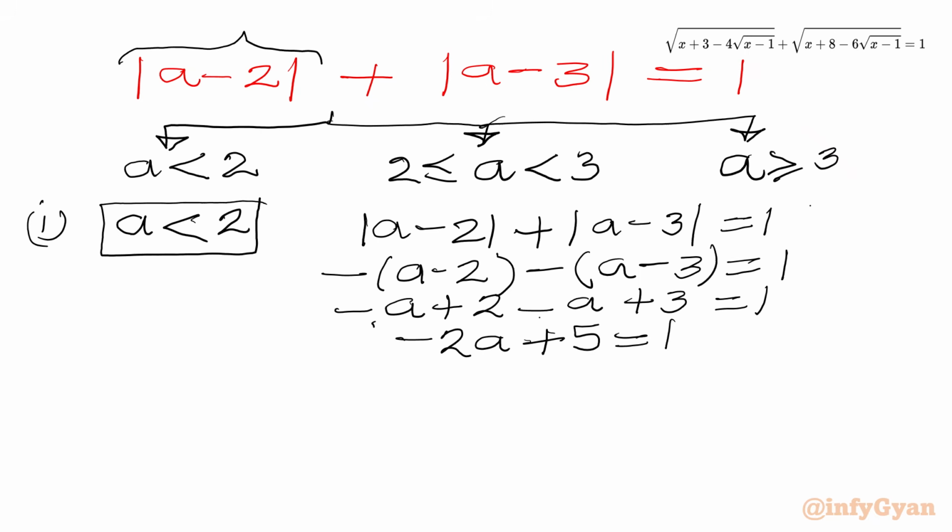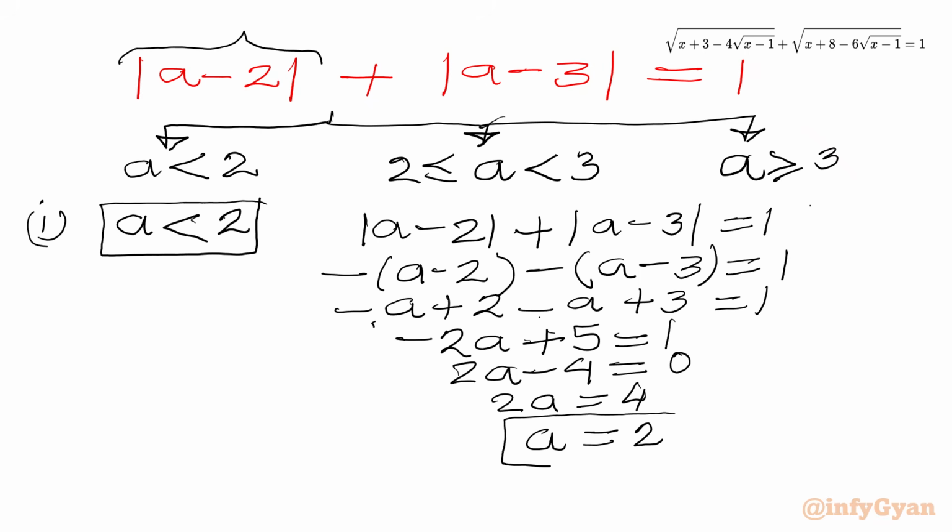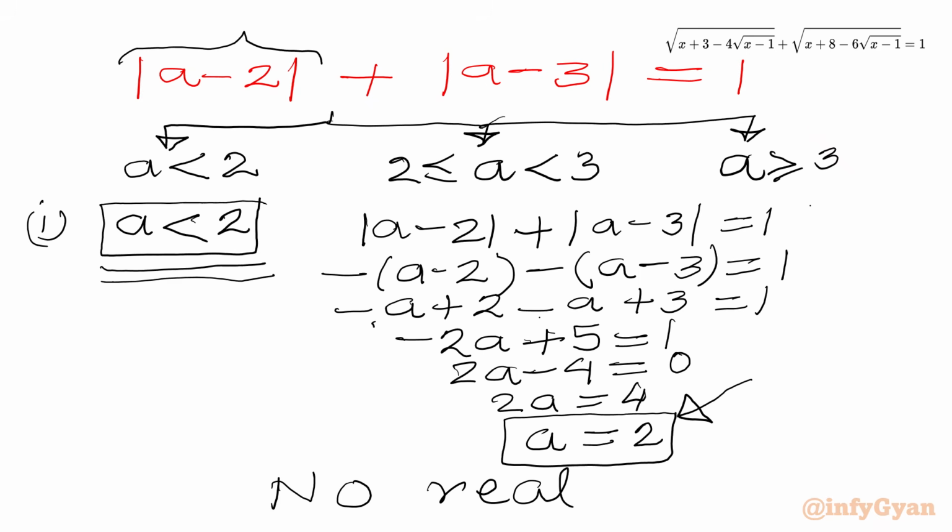We will take all the terms to the RHS, so we can write 2a, 1 minus 5 is minus 4, equal to 0. 2a will be equal to 4, a will be equal to 2. It is a boundary condition. When a is less than 2, then it is exactly a equal to 2, so there won't be any solution, no real solutions.